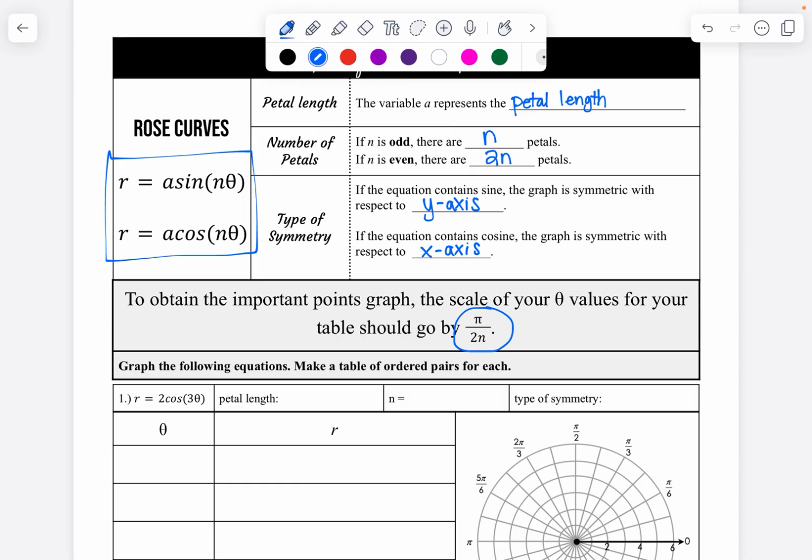First of all, because a is 2, the petals are going to be 2 units long. The n value here is 3. Because that's odd, there are going to be 3 petals to our graph when we're done. And because it has cosine, we're going to have x-axis symmetry.